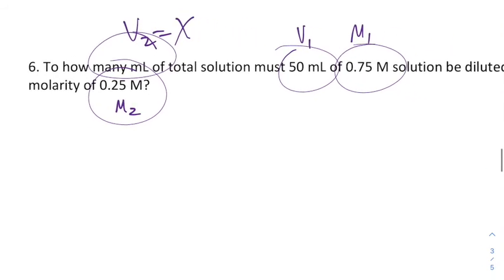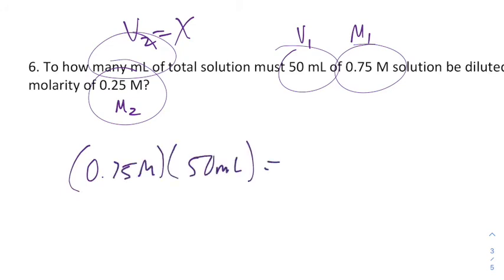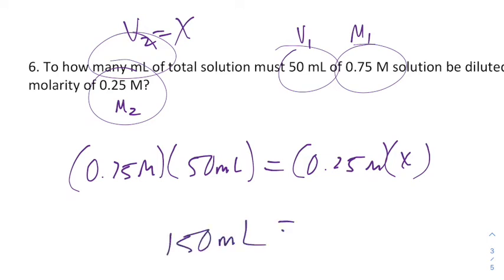That's what our X is. So this is 0.75 molarity times 50 milliliters is equal to 0.25 molarity times X. So you plug those things into your calculator, and you end up with an answer of 150 milliliters as your V2 that's there.